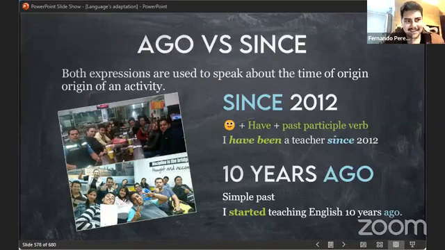You need to change the context when you use simple past because it's very different. I have drunk than I drank. The context changes completely. Very, very different. Got it?